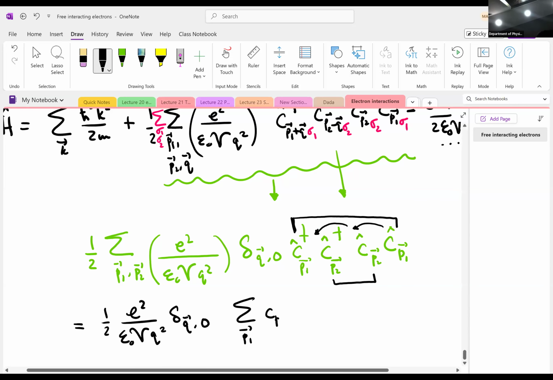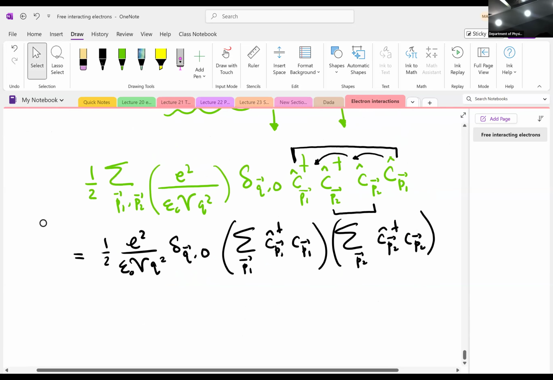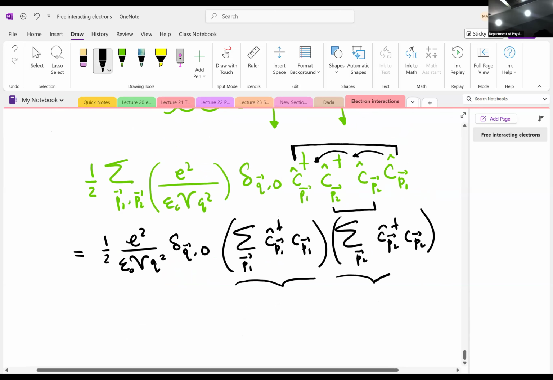So I have CP1 dagger CP1, which is just a sum over P1s, and I have a sum over P2s, CP2 dagger CP2. But this is nothing but the number of particles. This is also the number of particles.